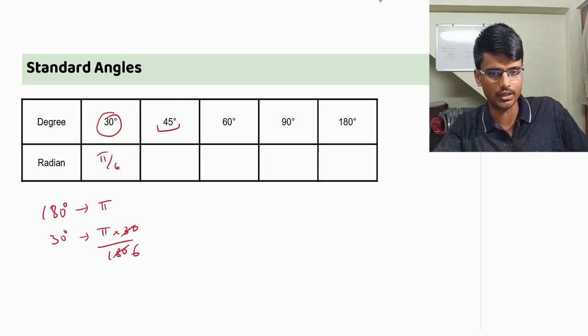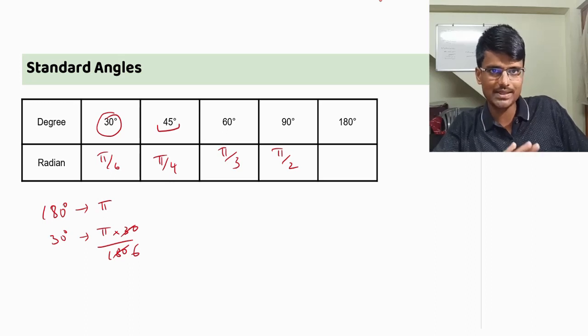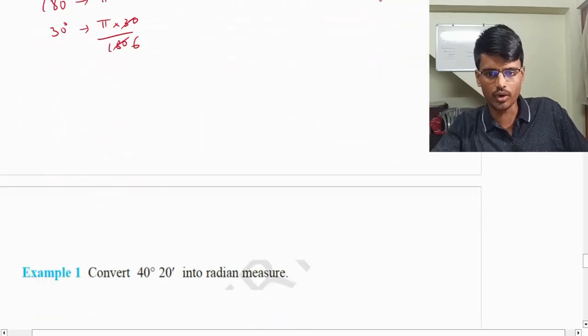I'll be writing it directly, but please pause and try to do all of this. So it is nothing but pi by 4. This is pi by 3. We did it just now. This is pi by 2. 180 is like half. Half is pi. Okay. This is something you should remember. You should know. Okay. Moving on.